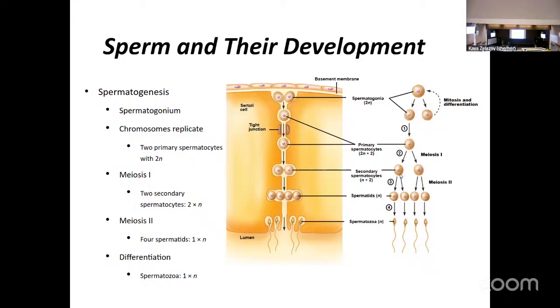Then we go into meiosis 2 because we have 2 cycles of division to end up with our eventual gametes, leading us to our spermatids, of which there are 4. So we took one cell, pulled it in half, went from diploid to haploid, then we pulled apart again each of those haploid cells to end up with these 4 spermatids.